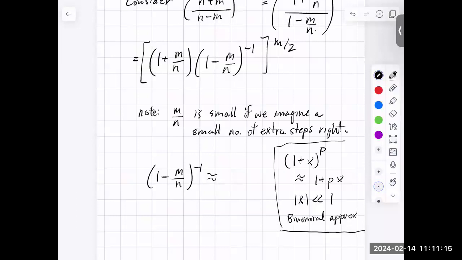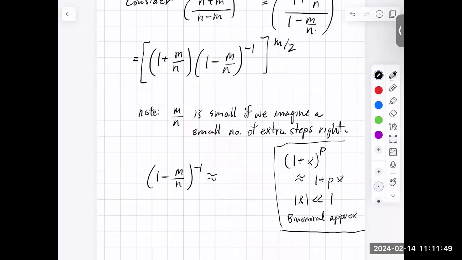This, for what it's worth, is my favorite approximation because it appears so often. Physics is kind of a funny thing in that most problems are really hard to solve. And so what we end up doing is trying to solve problems in certain limits where you think of some quantity being small or some quantity being large compared to others. And so this appears frequently because we make the assumption that x is small compared to the 1, and then you could write this power as this linear equation, which makes problems easier to solve.